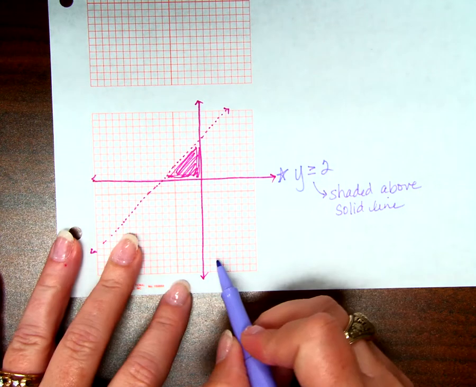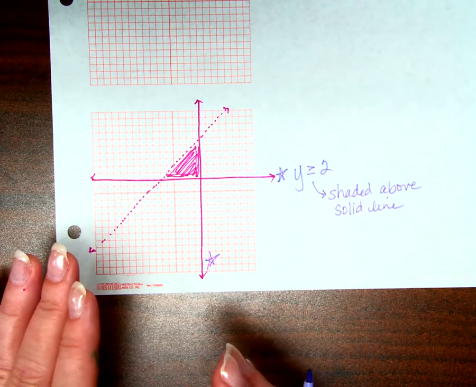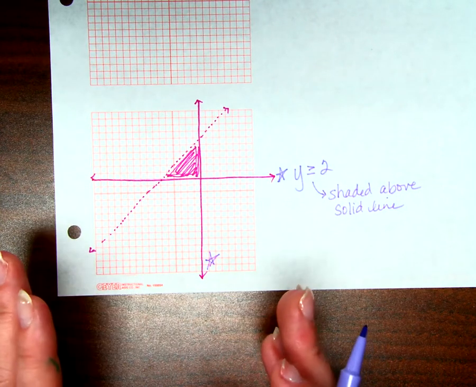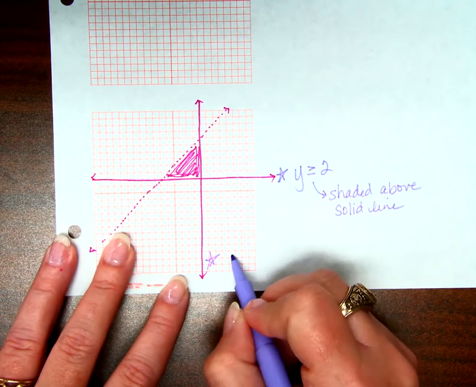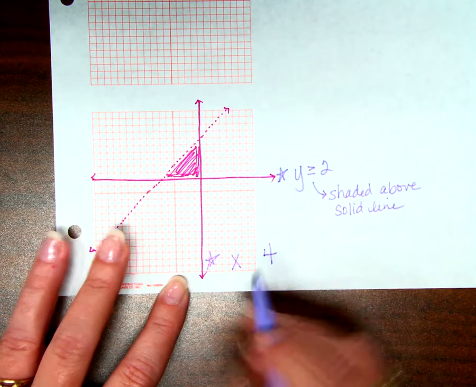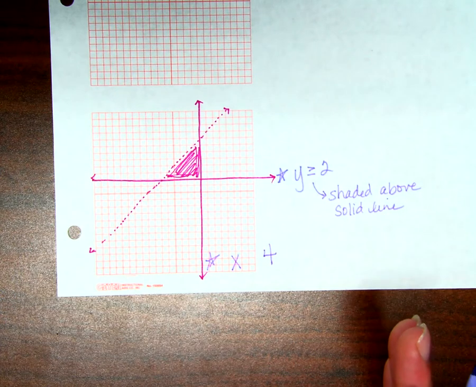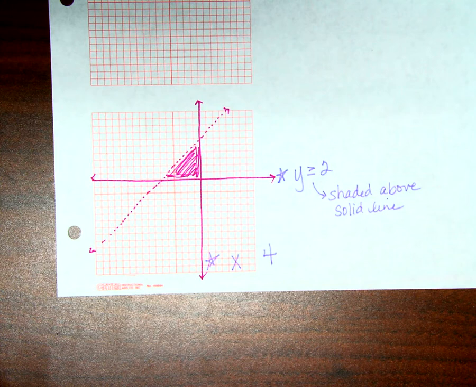Okay, how do we write the equation of this line right here? Well, it's a horizontal or vertical line, right? In this case, vertical. So which axis is it crossing and where? It's crossing the x-axis. 1, 2, 3, 4 at 4. So I'm just going to put the x in the 4. It's shaded to the left, so that's going to be less than, and it's going to be less than or equal to because it is solid.